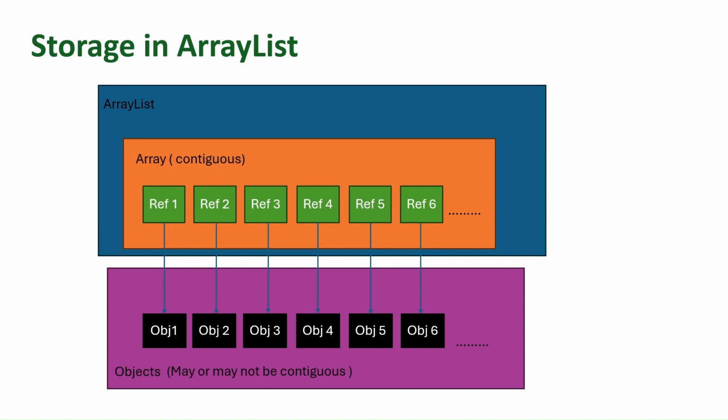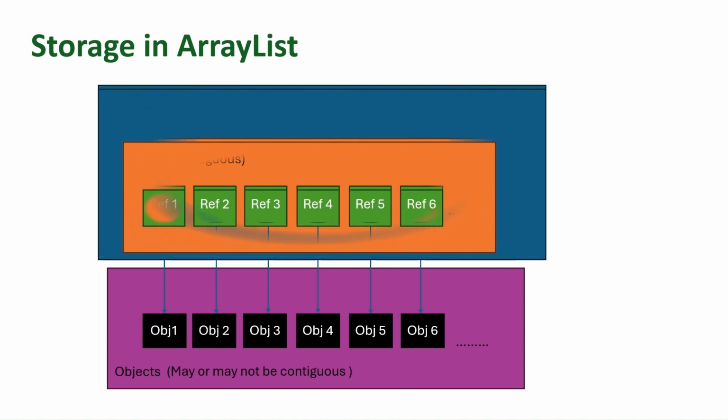However, notice that while the array is contiguous, the actual objects may be scattered at different memory locations in the heap. I have not shown the heap here, but just imagine. So it's like having a bookshelf where the books might not be in consecutive order. This non-contiguous arrangement allows for more flexibility and efficient memory usage.